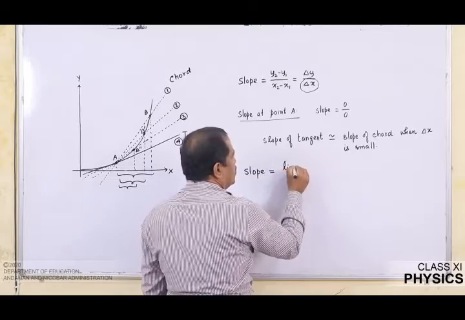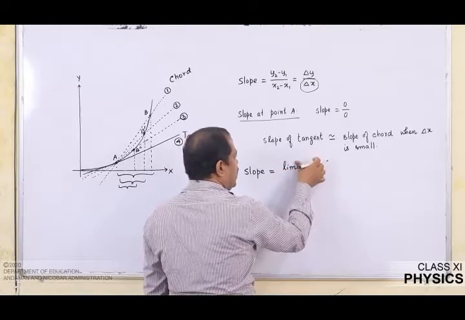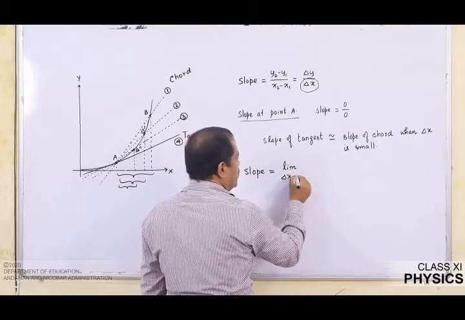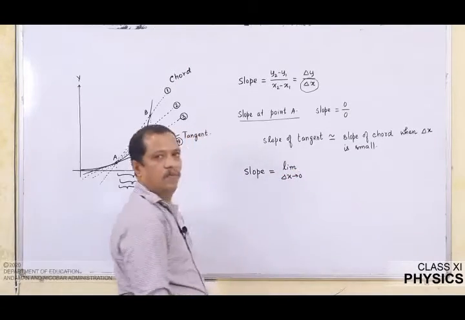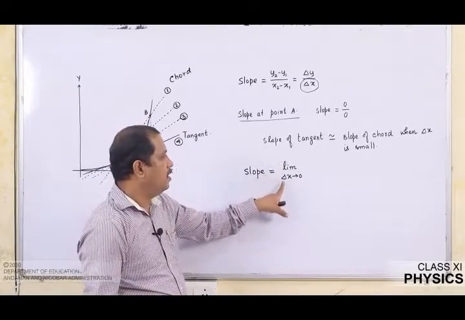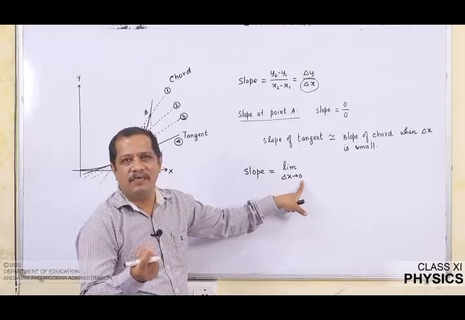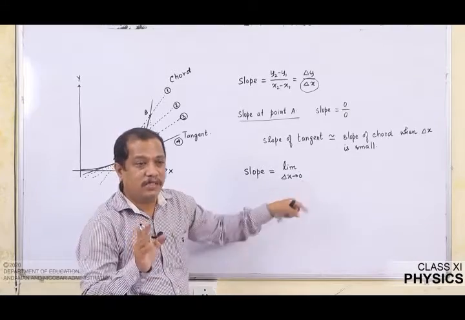limit, we write like this in mathematics, limit, otherwise LIM we write in short. Limit delta x tends to 0 means the value of delta x is very small, but it is not 0, it is approaching 0.